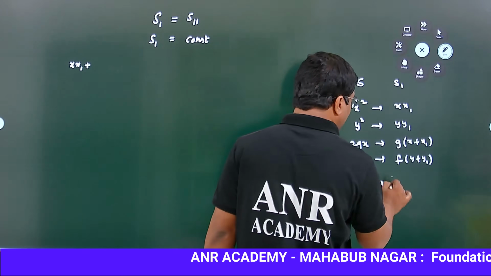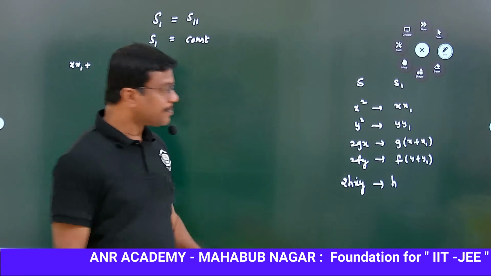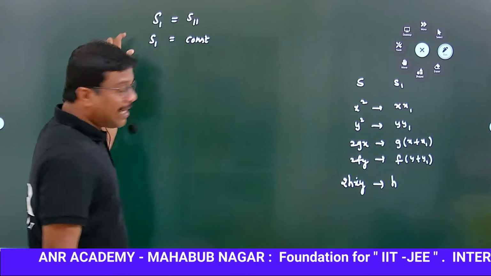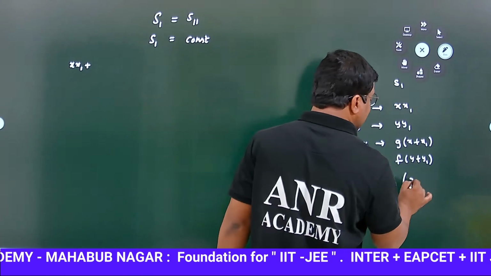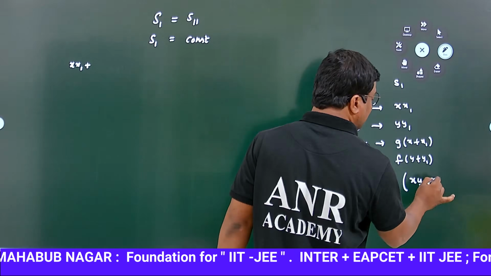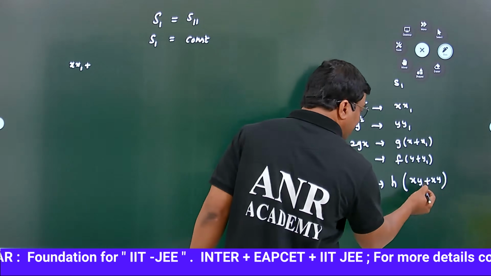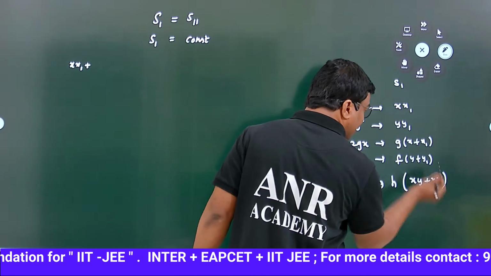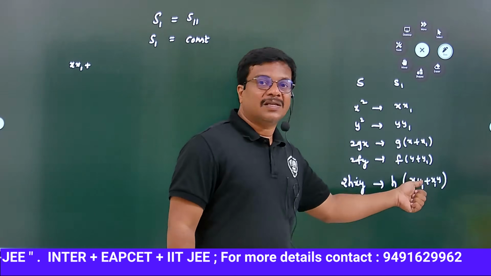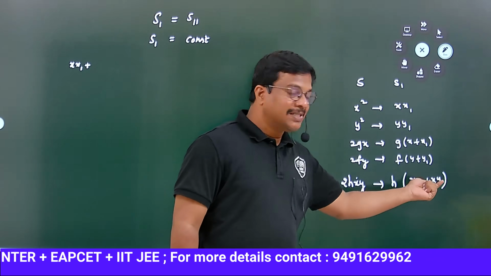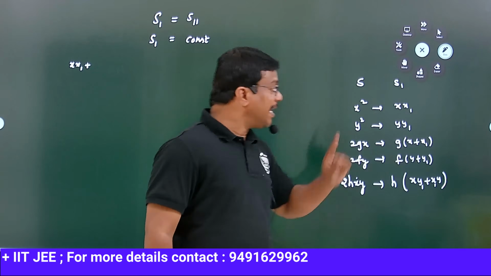See, take h outside. There are two xy terms. To get a linear expression in terms of x and y, I am going to use y1 and x1. If you use y1 substitution in the first term and x1 substitution in the second term, then only you will get a linear expression, remember.